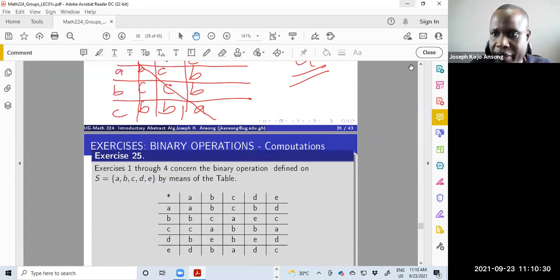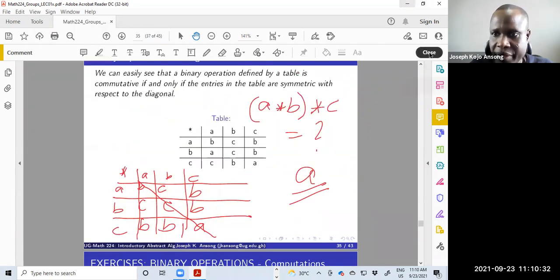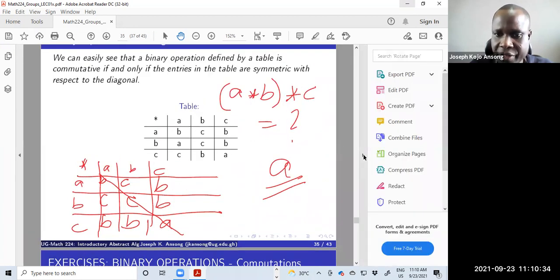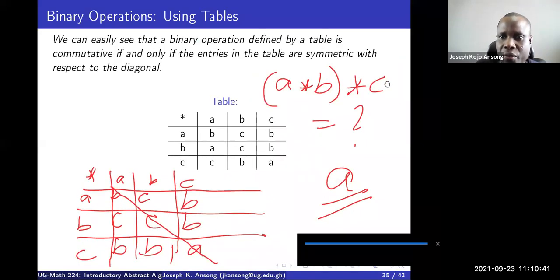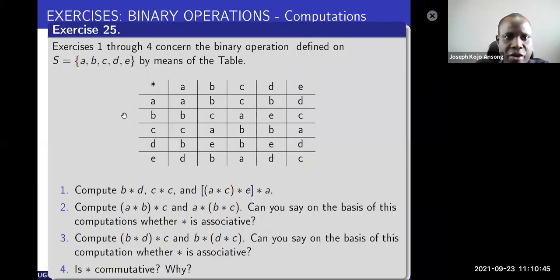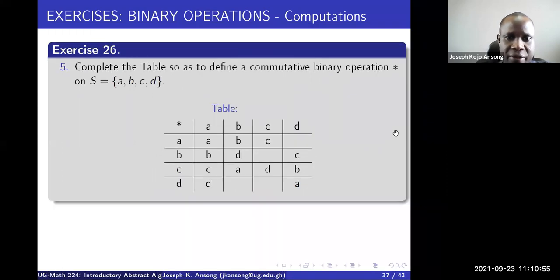Again, let me exit from this comment section here and see the full view. Once again, you can try your hands on some of these exercises, based on the things you have done already. This is a table that you have seen.